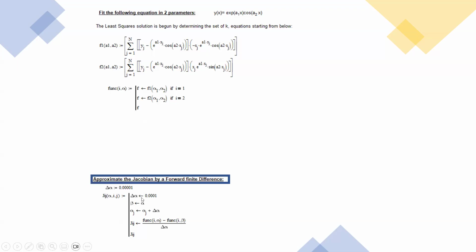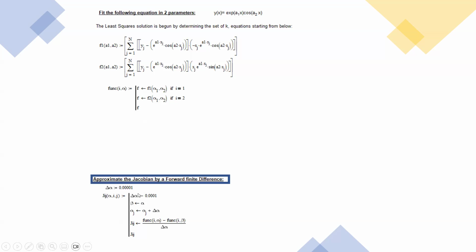Just as a hint, if you remember, for finding the Jacobian matrix in the Newton-Raphson method, we take a partial derivative of the function with respect to each of the variables. For our problem, the variables are A1 and A2. To control and minimize the mathematical operations, instead of taking a partial derivative of the function, we can use the forward finite difference.